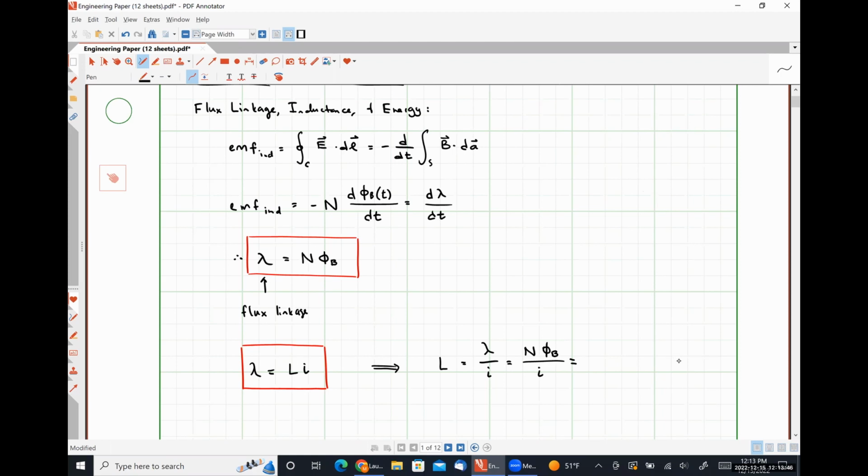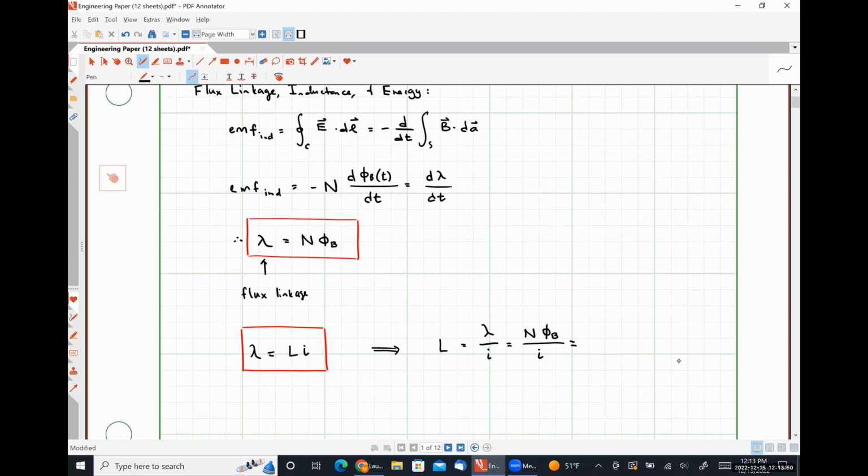Using Ohm's law for magnetic circuits, which, just to be clear, says that Ni, our magnetomotive force, is equal to our magnetic flux times our reluctance, if we rearrange this expression for flux, what we're going to find is that phi B is equal to Ni over R. So this would look like N over I times Ni over reluctance.